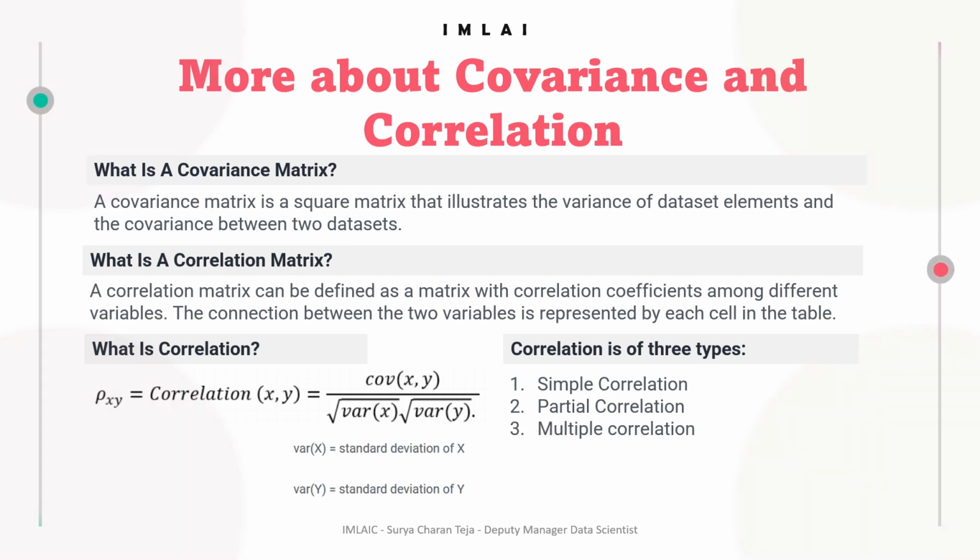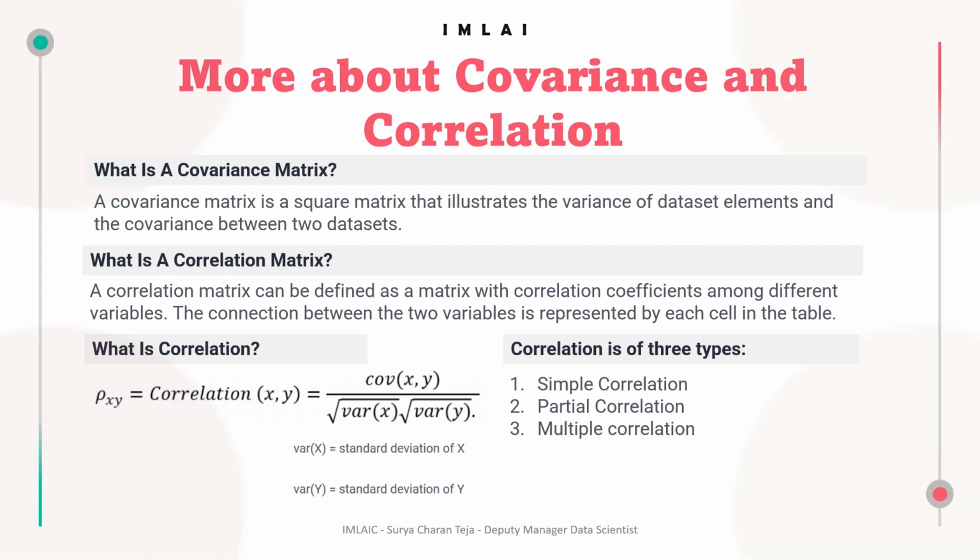And the third one is multiple correlation, a statistical technique that uses two or more variables to predict the value of one variable. We will be doing all this when we enter into the machine learning module. But for now, just understand what is simple correlation and what is multiple correlation.